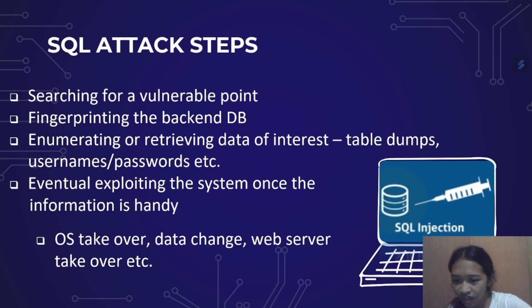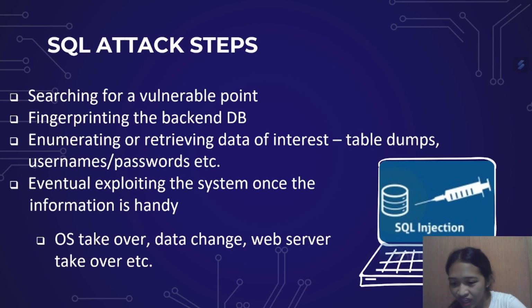Second, we have fingerprinting the backend database. Once the attacker has identified a potential vulnerability, they attempt to fingerprint the backend database by sending SQL queries that reveal information about the database schema, such as table and column names.